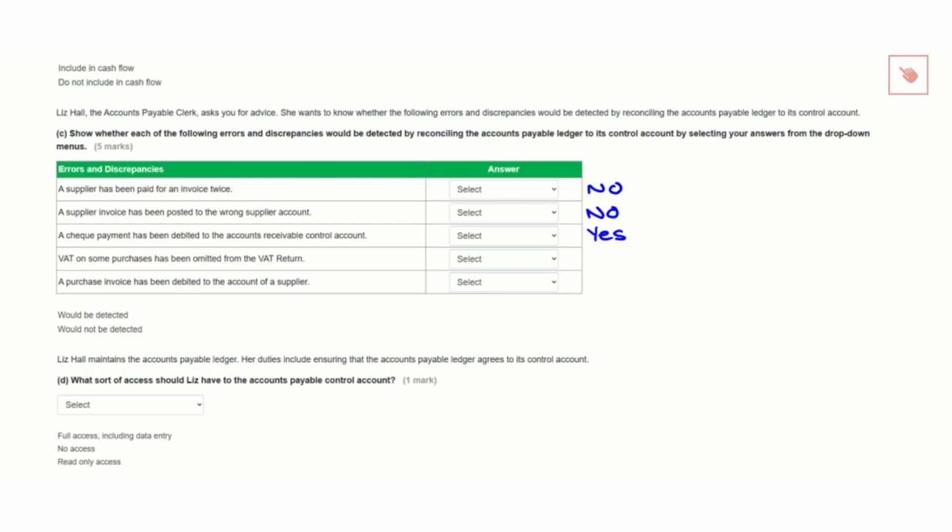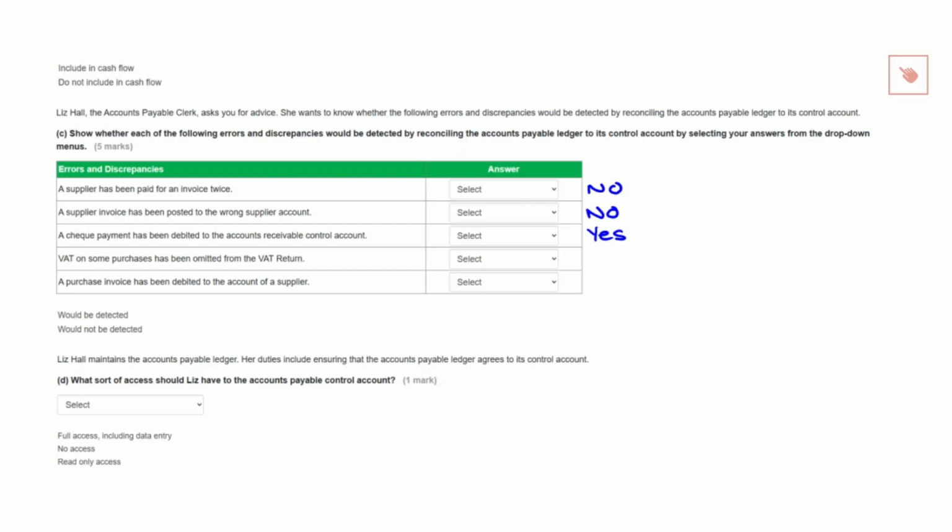If a payment is incorrectly debited to the accounts receivables control account, which tracks money owed by customers, this payment will not be reflected as a reduction in the accounts payable account balance. However, the individual supplier account in the purchase ledger would likely show the payment. This discrepancy between the control account balance and the sum of the individual supplier balances would be identified during the reconciliation process.